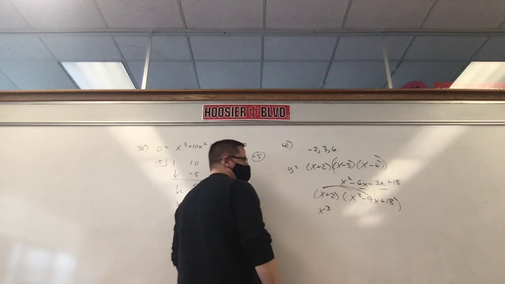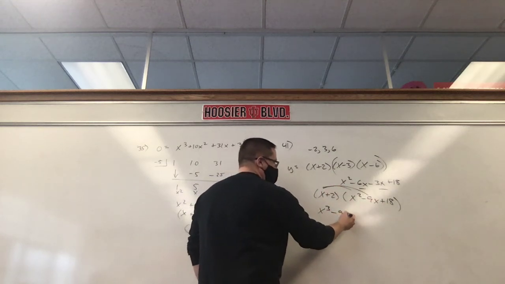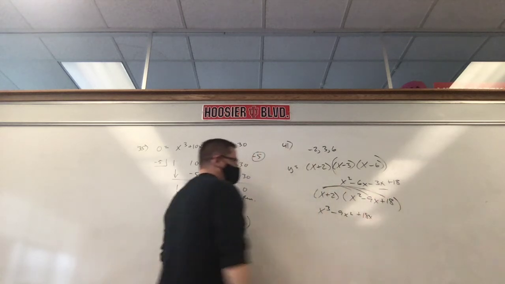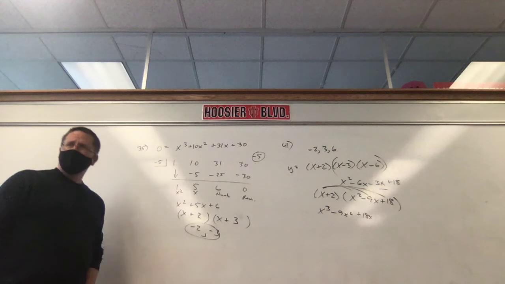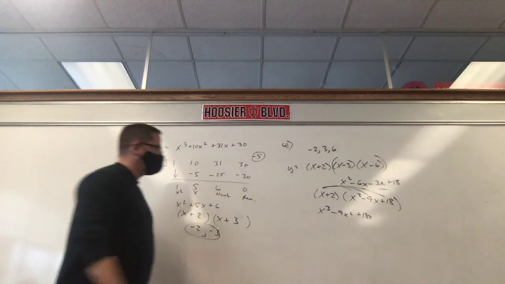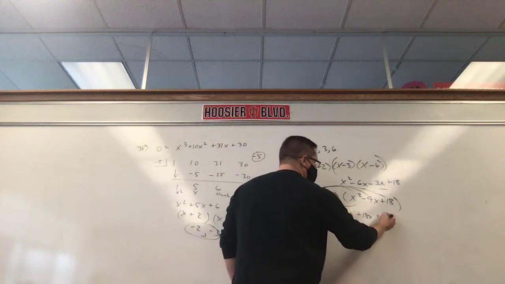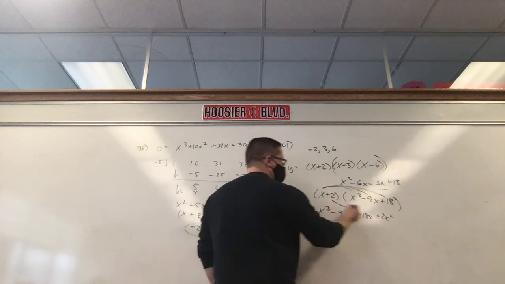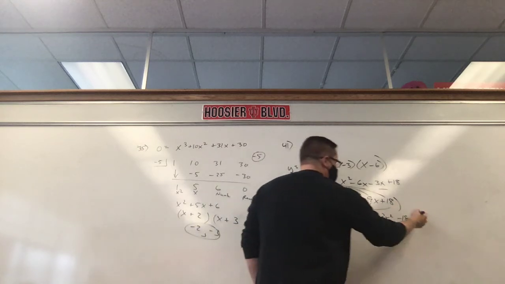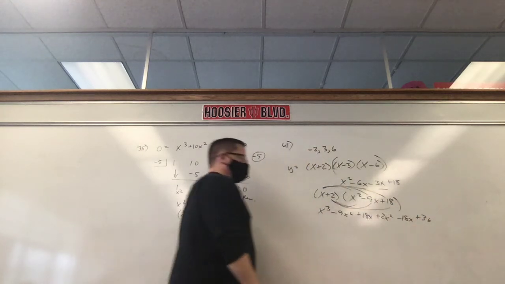X times negative 9x is negative 9x squared. X times 18 is 18x. We done? Why? You have to times by 2. 2 times x squared is 2x squared. 2 times negative 9x is negative 18x. 2 times 18 is 36.